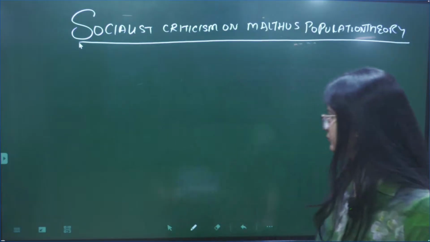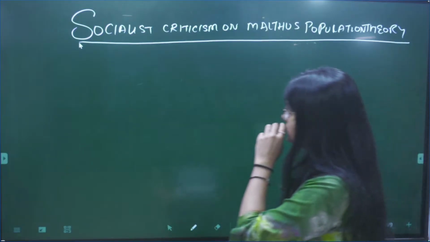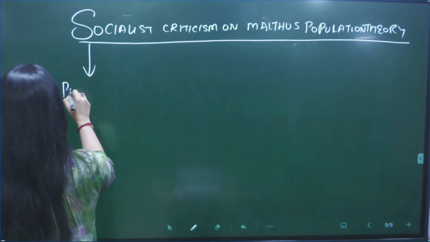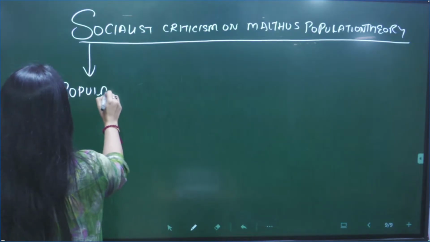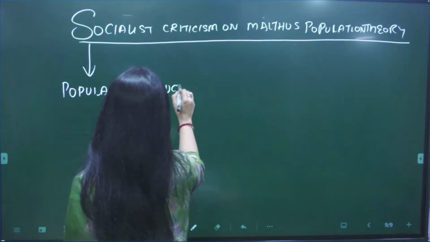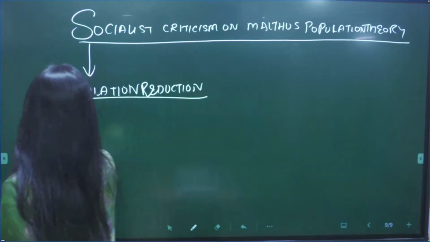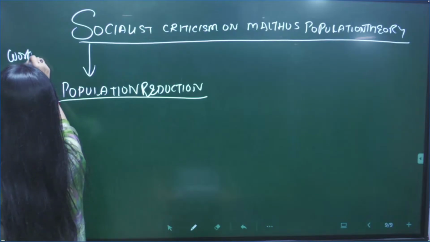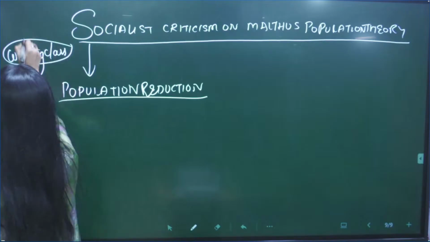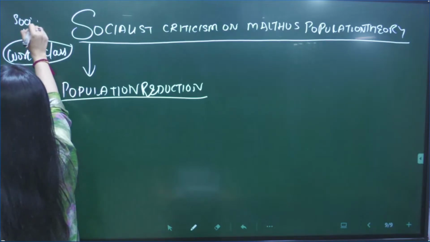Look here. So what are they talking about? They're saying that if you are reducing the population, there is a population reduction. This is what we are doing from the perspective of the working class. This was a theory which was majorly of socialists.